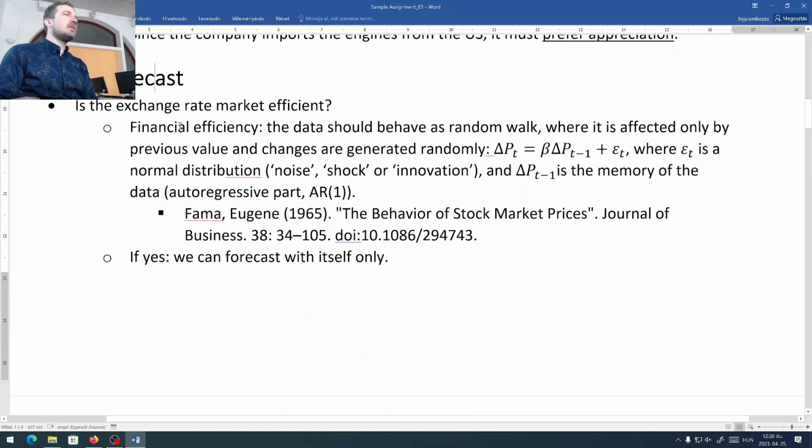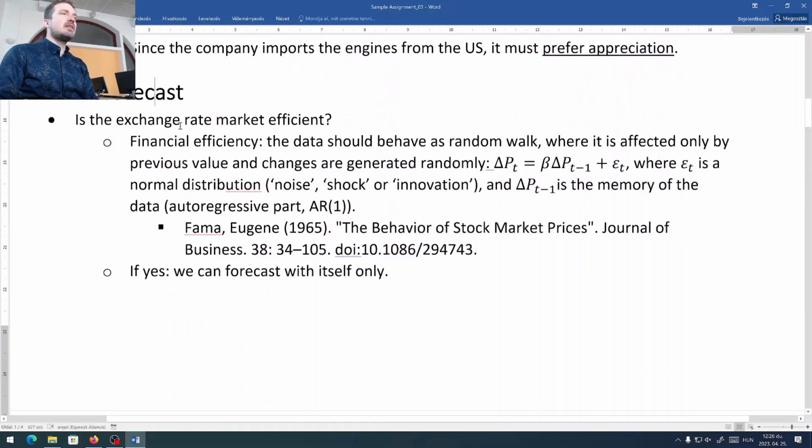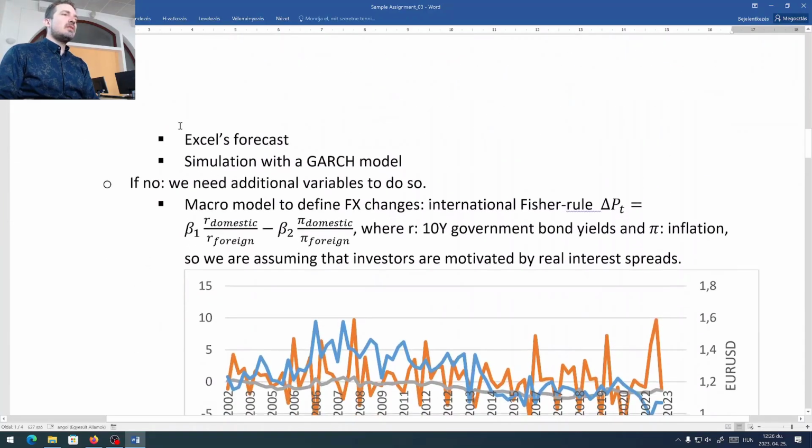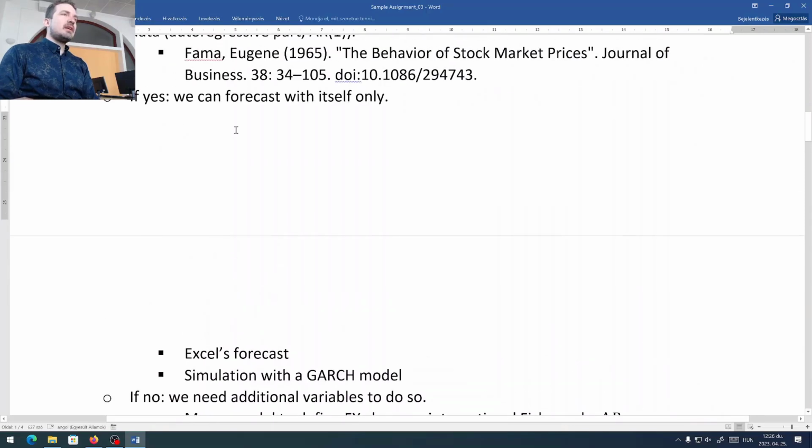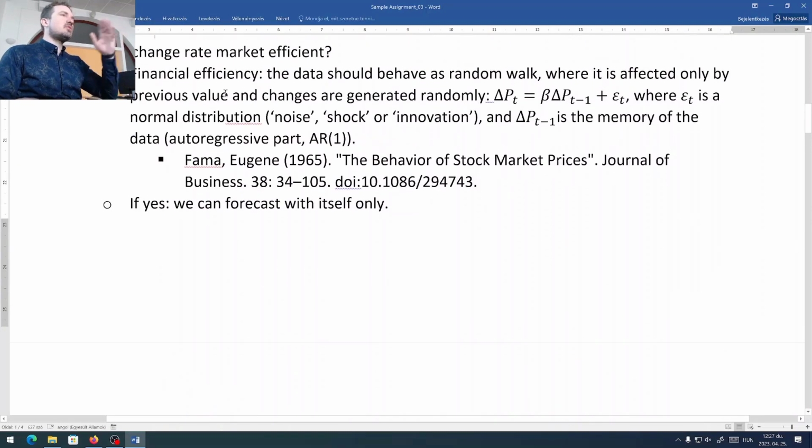So practically we can run some forecasting scenarios, and in this case the easiest way is when we say, okay, let's assume that the market is efficient, what you learned in corporate finance.